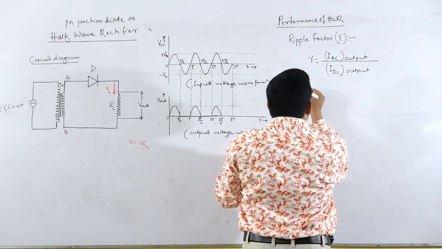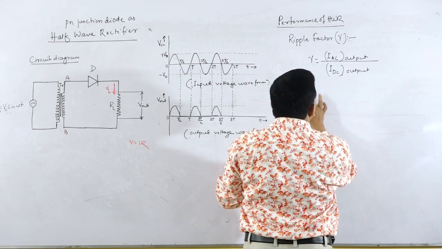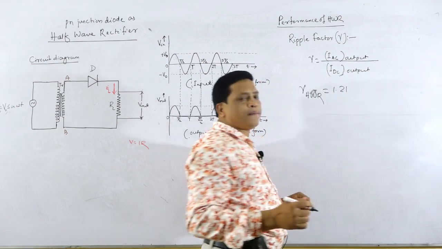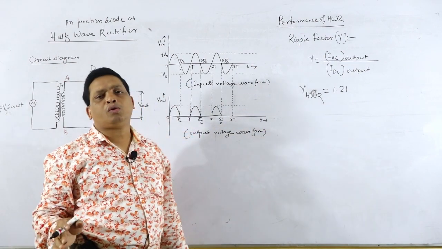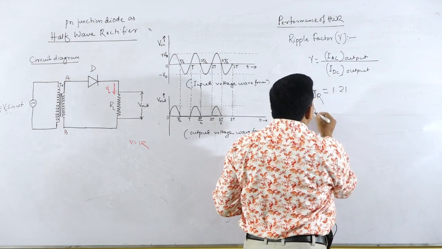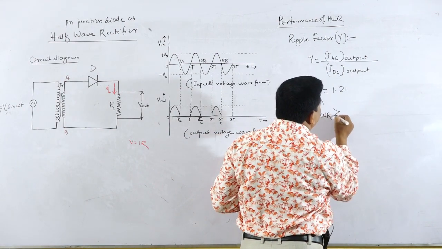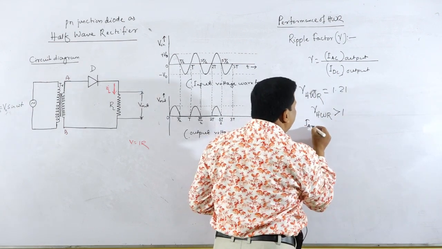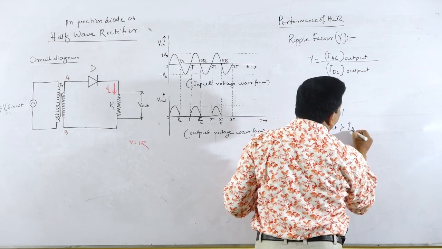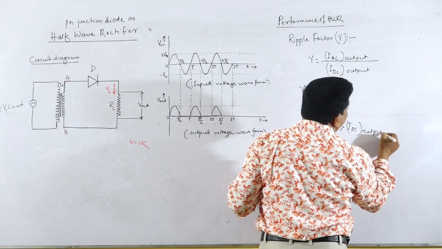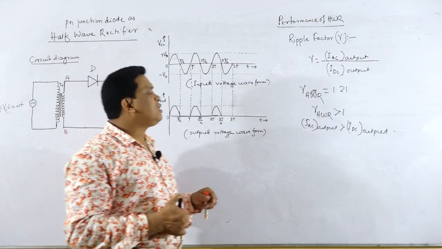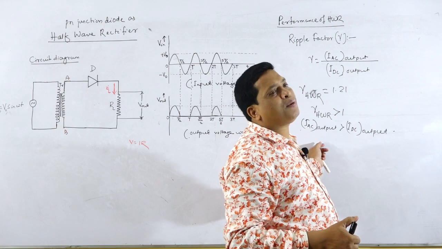Now for the half wave rectifier, gamma HWR equal to 1.21. Gamma HWR equal to 1.21, which is greater than 1, means I AC output is greater than I DC output, which means we are getting more AC components than DC components at the output of the half wave rectifier circuit.